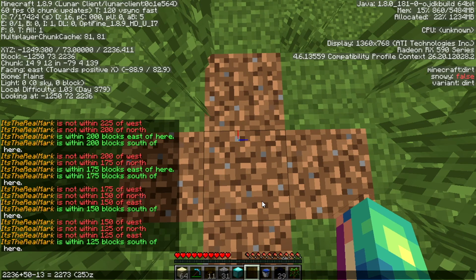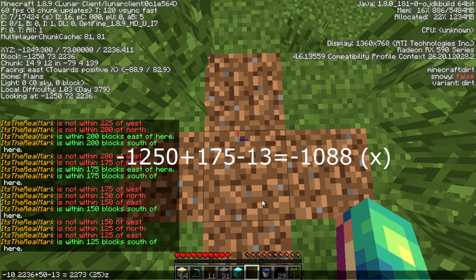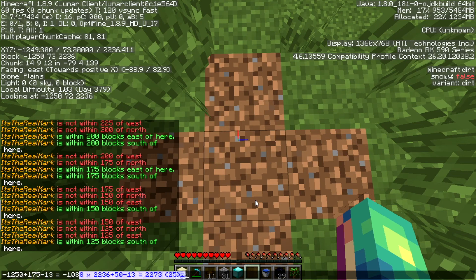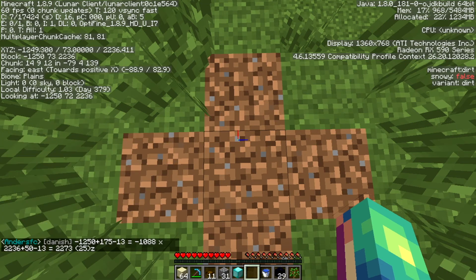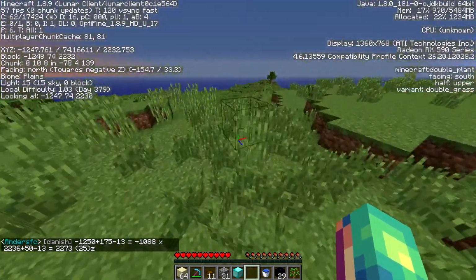And we end up with neg 1088 on the X, using the calculations of neg 1250 plus 175 minus 13 equals neg 1088. So now I've got the coordinates and I've got the entire lineup.